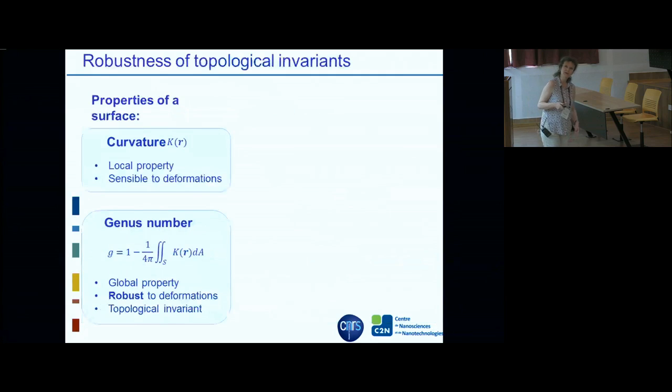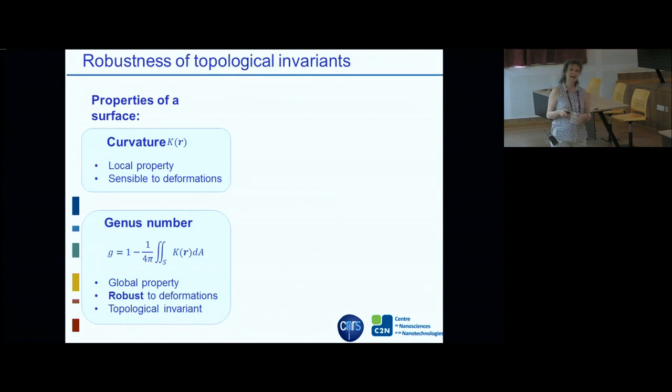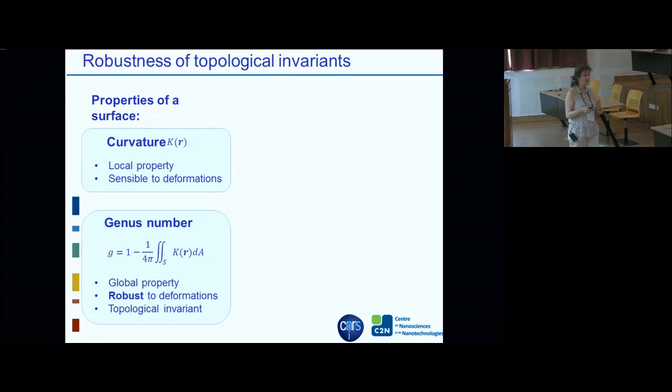Okay, so first, some very general remarks about topology. In mathematics, if you consider surfaces and the properties of surfaces, there are properties which are sensitive to local detail of the surface, like, for example, the curvature of the surface. It can be very different depending on the position where you look at it.